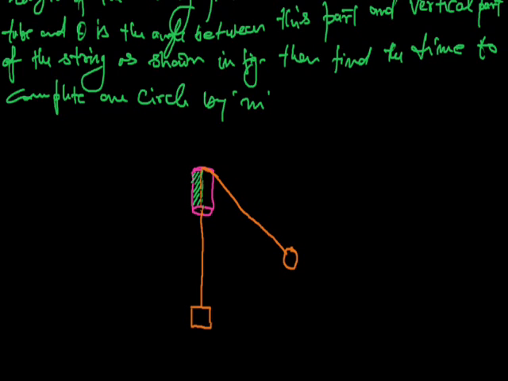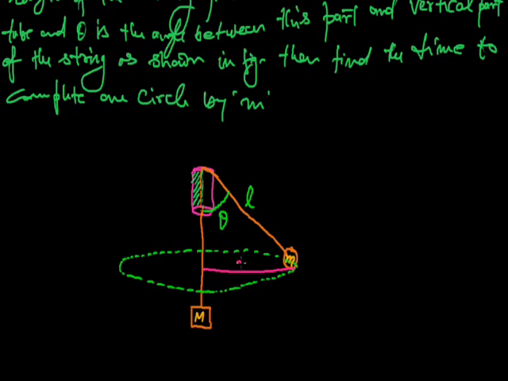This is capital M mass. This is small m. This length is L. Let theta be the angle between them. This is theta, and small m mass executes circular motion, horizontal circular motion of radius small r.